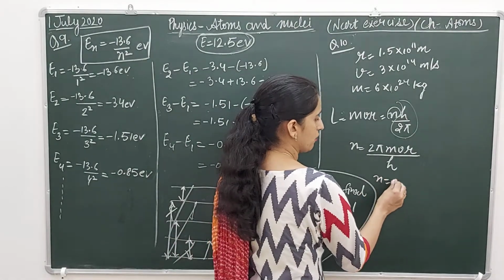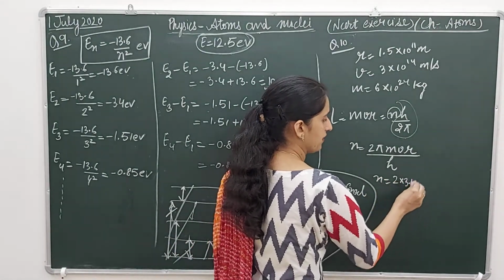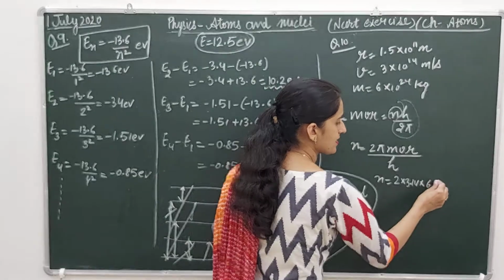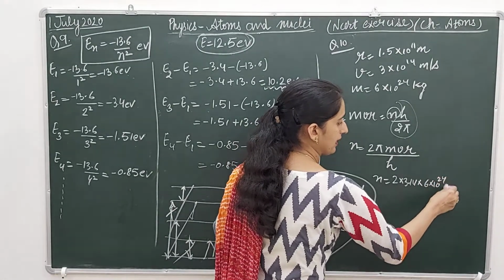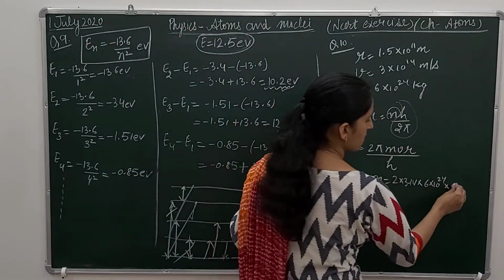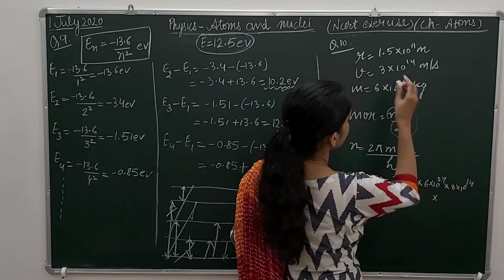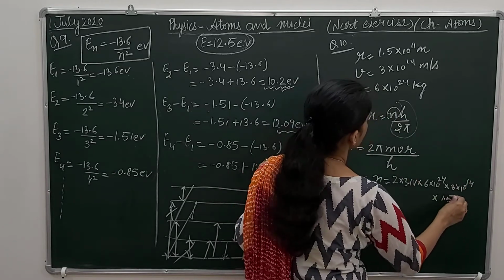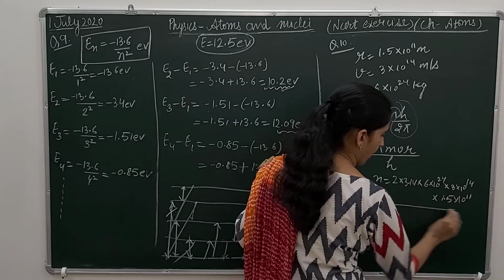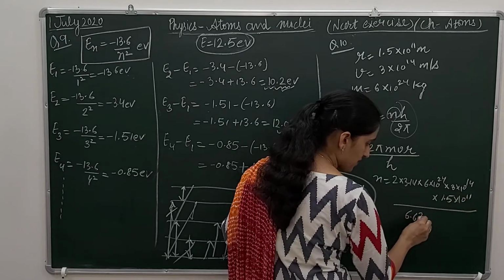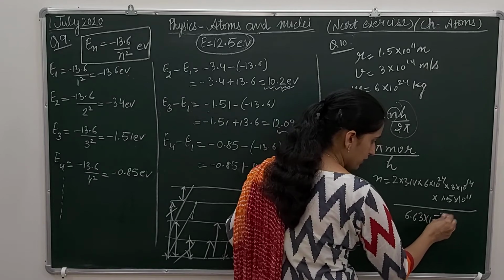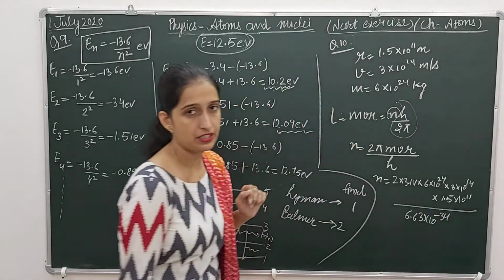So n is equal to 2 into 3.14 into mass 6 into 10 to the power 24, velocity 3 into 10 to the power 14, into radius 1.5 into 10 to the power 11, upon h, which is 6.63 into 10 to the power minus 34.